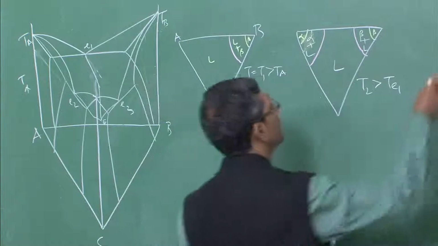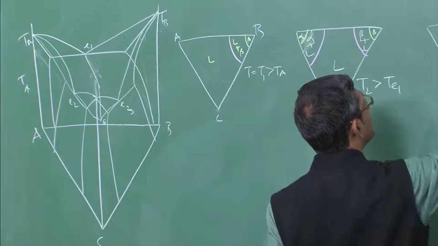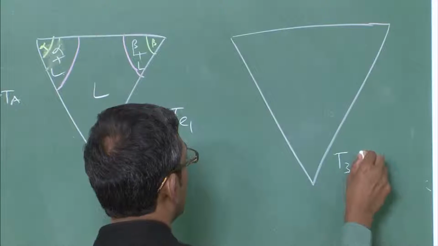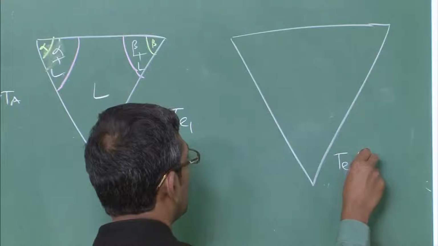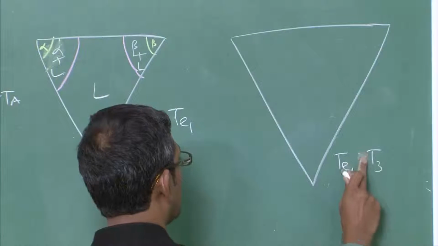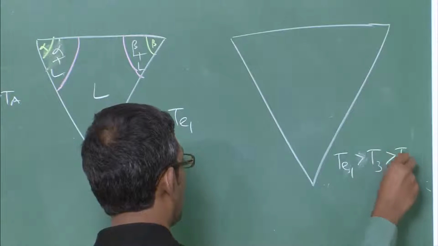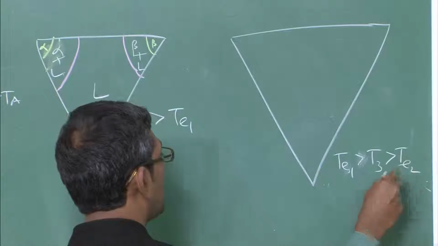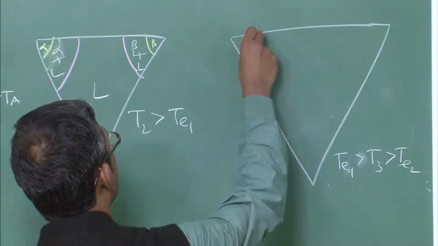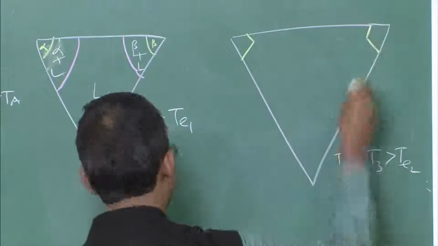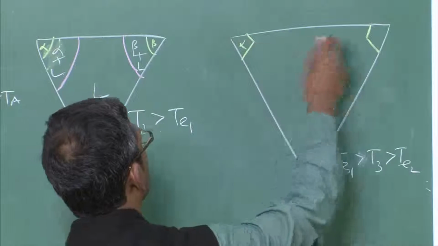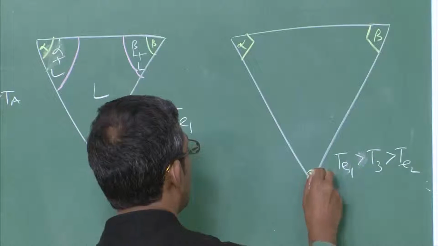Let us draw. First eutectic temperature. So, T1 is greater than T2. It will be a little bit different, obviously quite different. You have alpha, beta and also a little bit of gamma. So, alpha, beta and gamma.